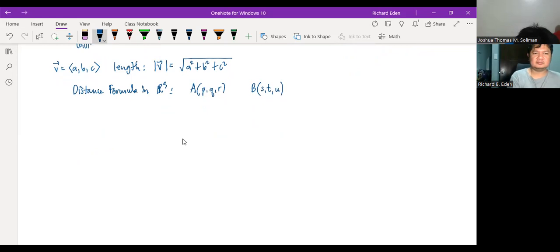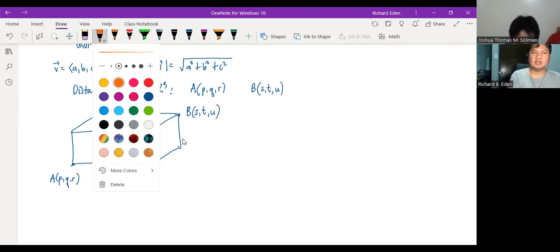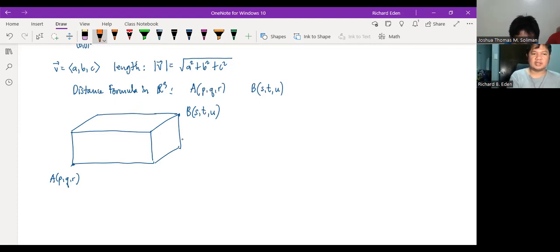Let me draw a shoebox instead. Okay, this is the x-axis, this is the z-axis, and the y-axis is here.